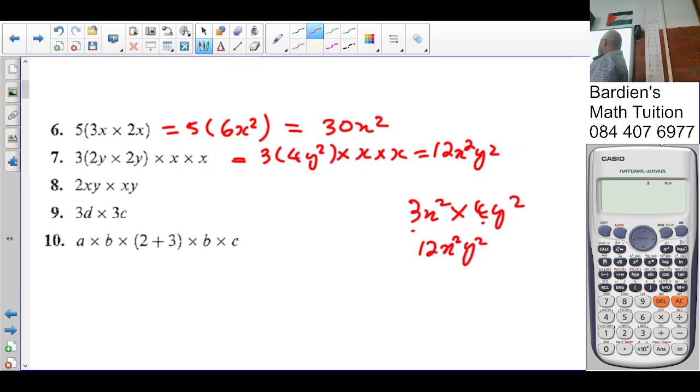So you're skipping one step. Okay, anybody else? Where did you go wrong? 12 x squared. So you left your x out of it.